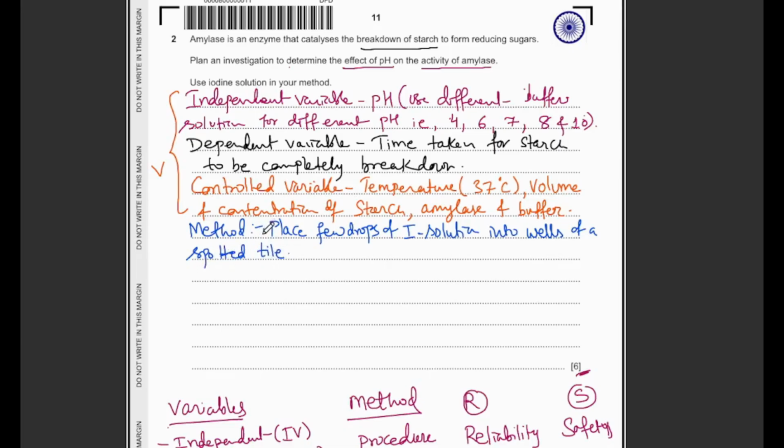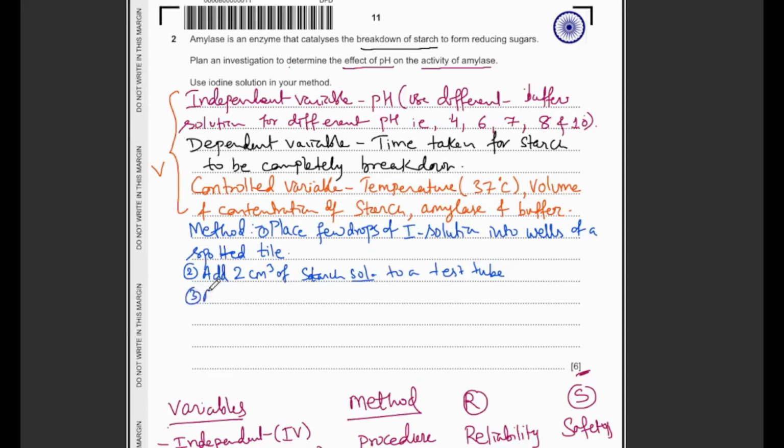Fine, this is our first point. Second one is add 2 centimeter cube of starch solution to a test tube. Write the full thing, okay, don't write just SOL dot, it's solution here.